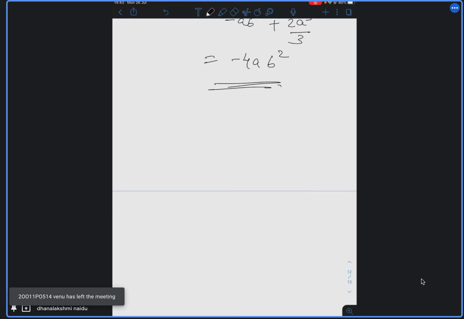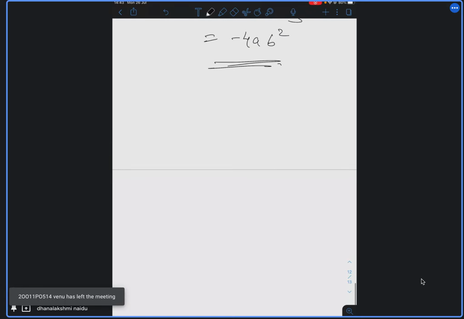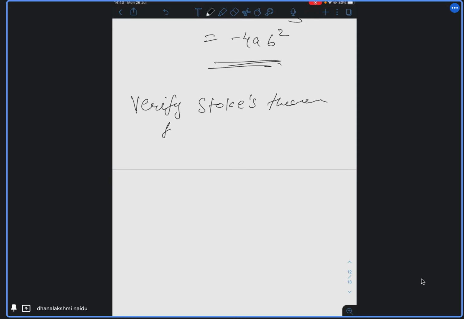So write down these problems. Okay, you have to verify Stokes theorem. For the first question, take it.